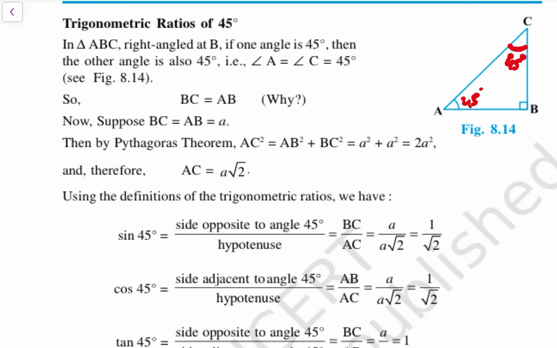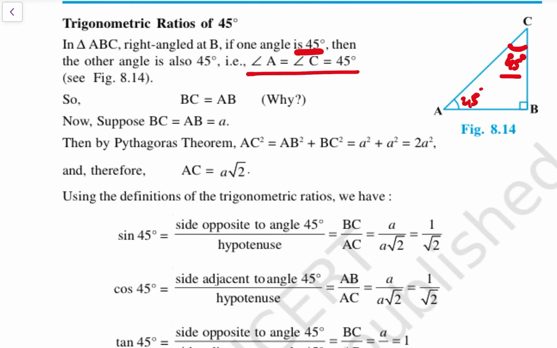Because we know that angle A plus B plus C is 180 degrees, by the angle sum property, and angle B is 90, because when we subtract 180 minus 90 we get 90. So the sum of angle A plus angle C will be 90. Out of that we are taking one angle as 45. So obviously 90 minus 45 will be 45. So angle C also will be 45.